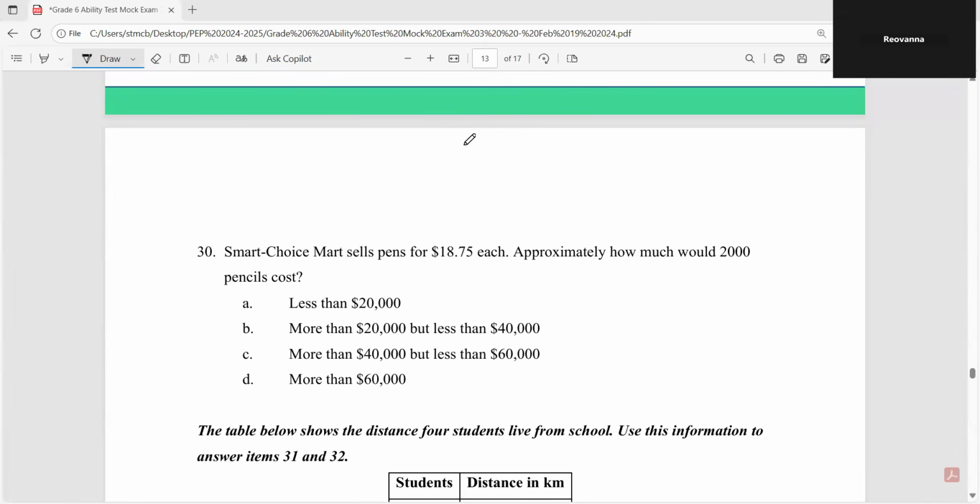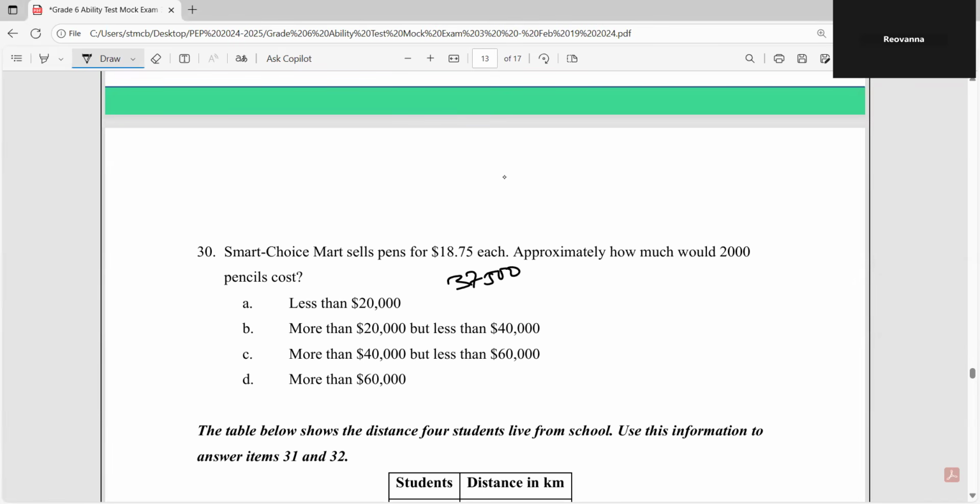Now we need to identify which of the given ranges include 37,500: less than 20,000, more than 20,000 but less than 40,000, more than 40,000 but less than 60,000, more than 50,000. 37,500 is more than 27,000, but less than 40,000. So therefore, the answer would be B.